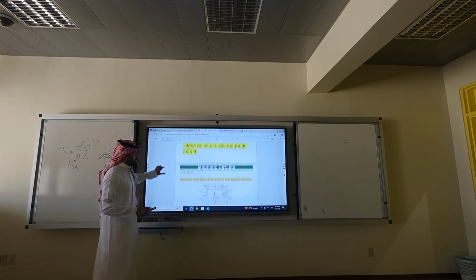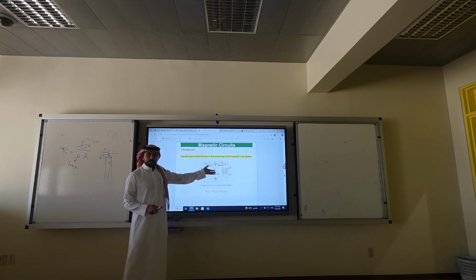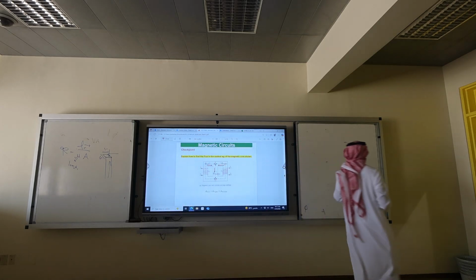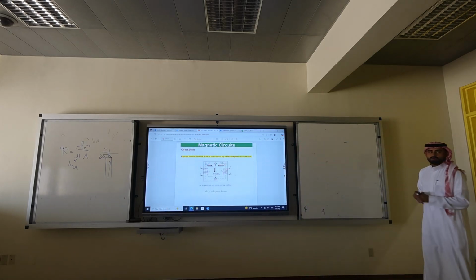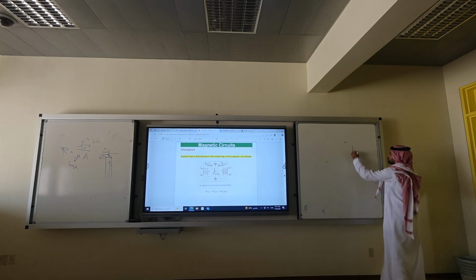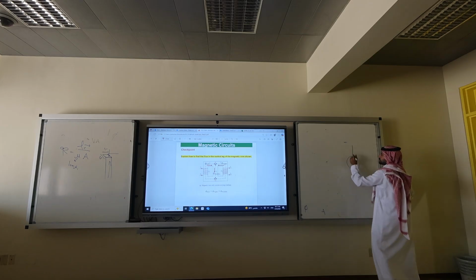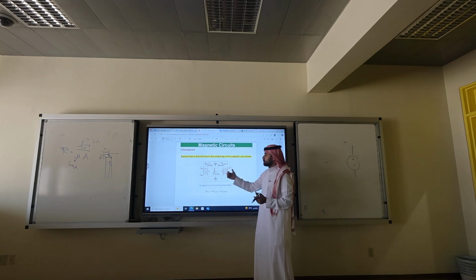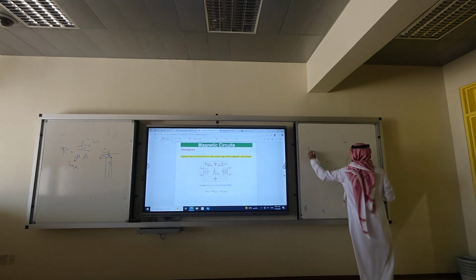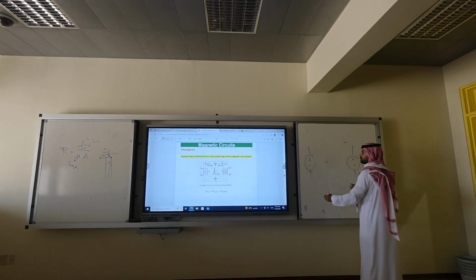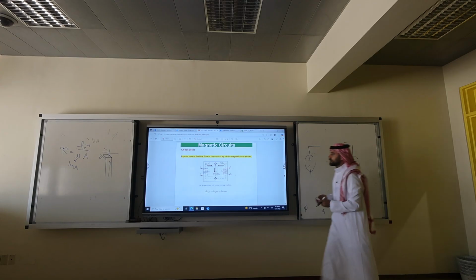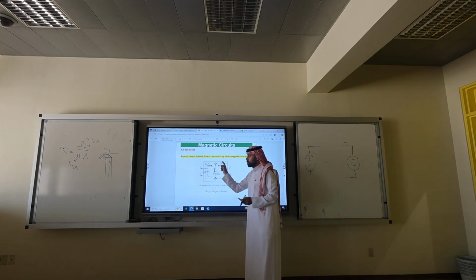It's easy. Do you remember this problem? If you see this problem in homework 2, how should I draw the MMF? We're going to have here plus, because the flux is going up, right hand rule. We're going to have another MMF here, plus. How many fluxes do I have here? 1, 2, 3.